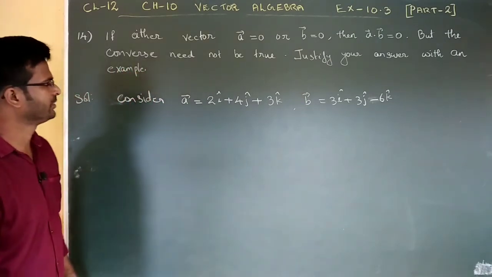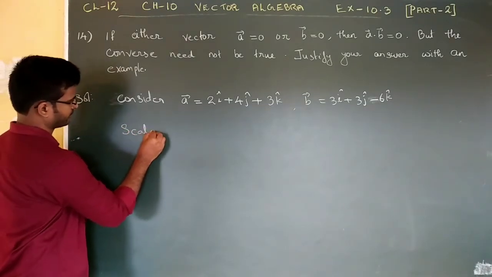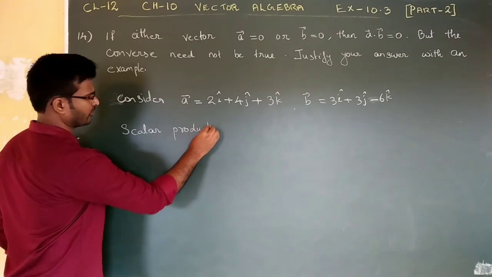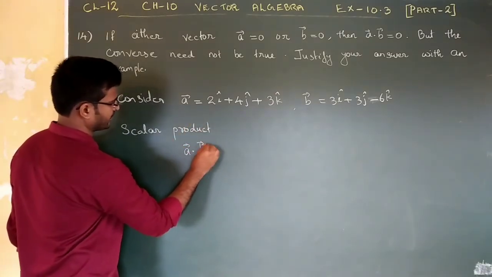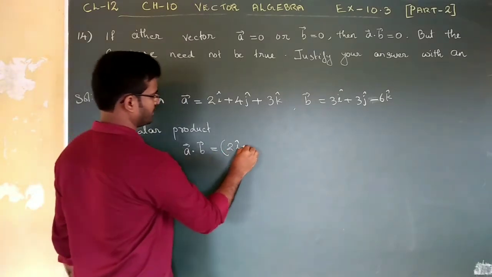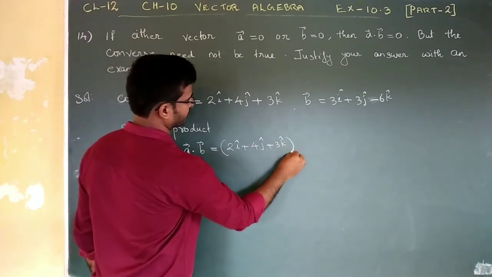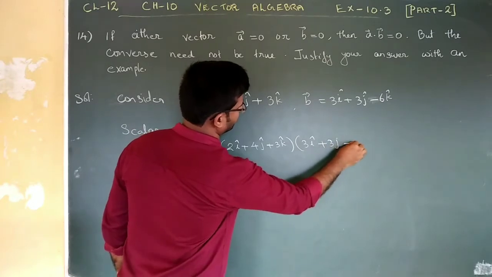If you find the scalar product, or dot product, A dot B equals (2i plus 4j plus 3k) dot (3i plus 3j minus 6k).